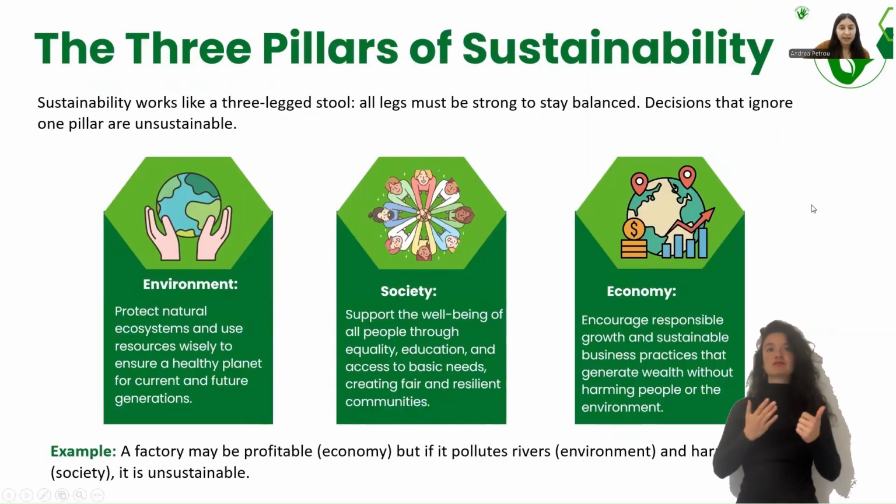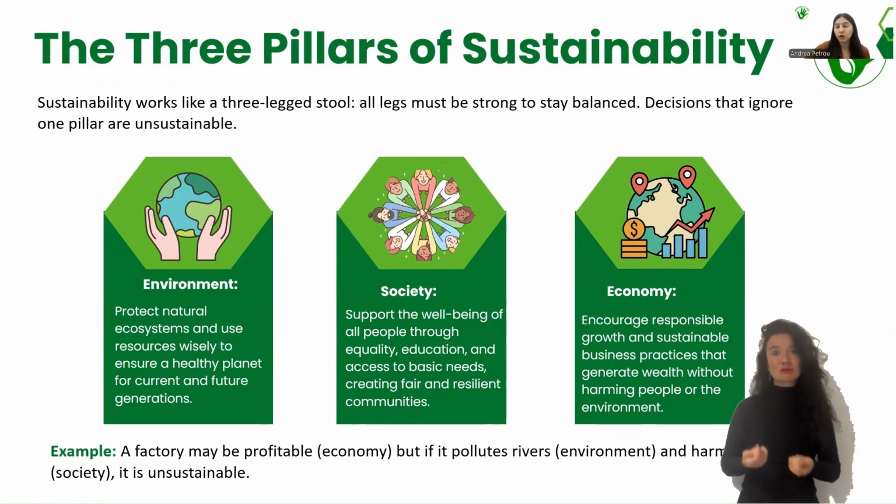Here we can see again the three pillars of sustainability: environment, society, and economy. Environment is about protecting natural ecosystems and using resources wisely to ensure a healthy planet for current and future generations. Society supports the well-being of all people through equality, education, and access to basic needs, creating fair and resilient communities.